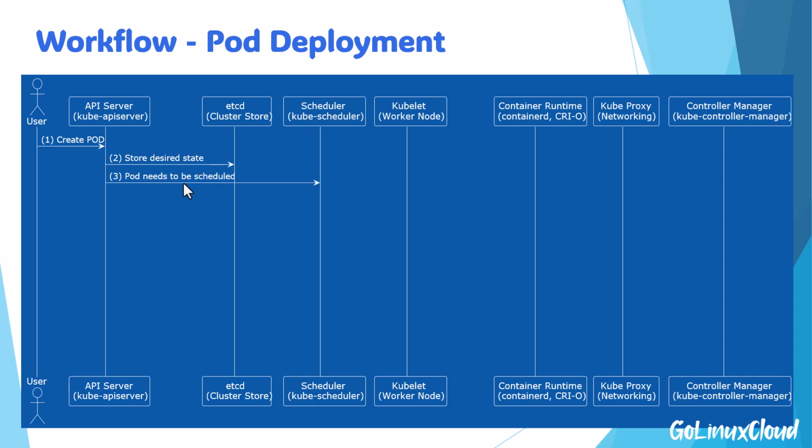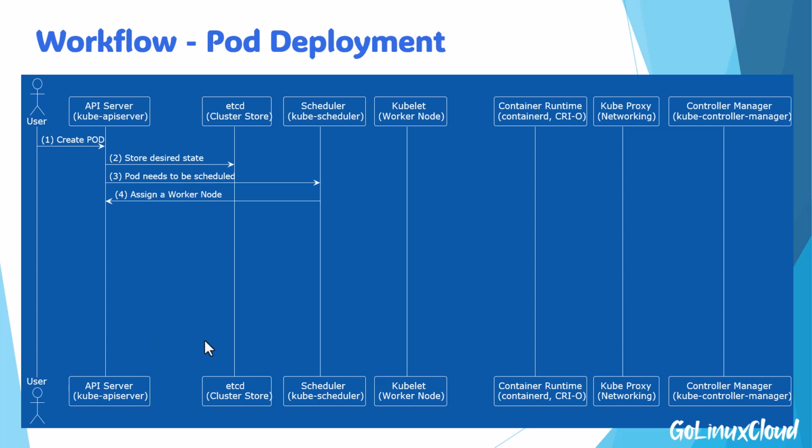Next, the scheduler is responsible for selecting and identifying a worker node to run that particular pod. It will evaluate the available CPU and memory resources on all the worker nodes, and it will also evaluate many other parameters such as node affinity rules, taints, tolerations, etc. Based on all these, it will assign the best available worker node, and then it will notify the API server of its decision.